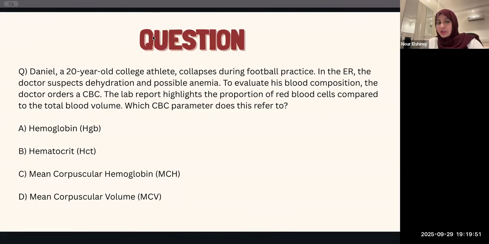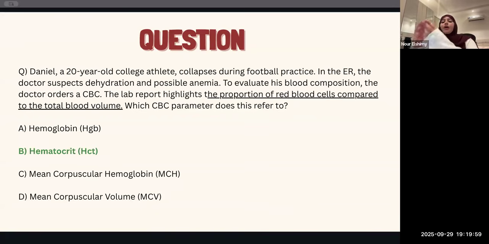I have a lot of different answers, but alhamdulillah, the majority answered it right. The answer here is B. The proportion of red blood cells compared to the total blood volume tells us the percentage of red blood cells, basically. So it's the same as packed red blood cells. They all refer to hematocrit.